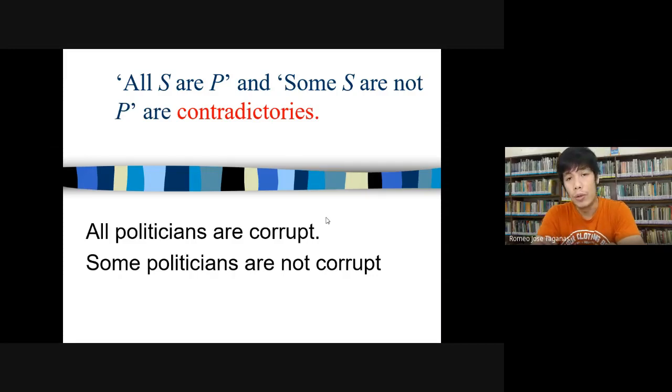Now, do you see the word no or not in the proposition? Wala kayong makita. Therefore, it is an affirmative proposition. Therefore, the first example, all politicians are corrupt, is an A proposition. Okay, A proposition yan. What about the second example? Some politicians are not corrupt.